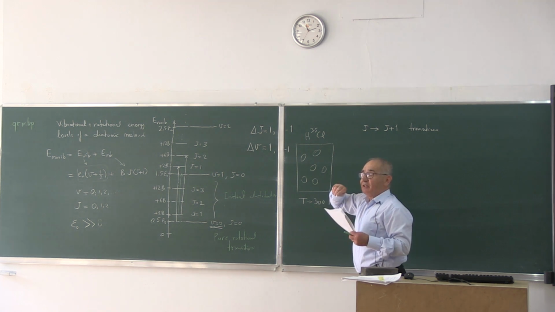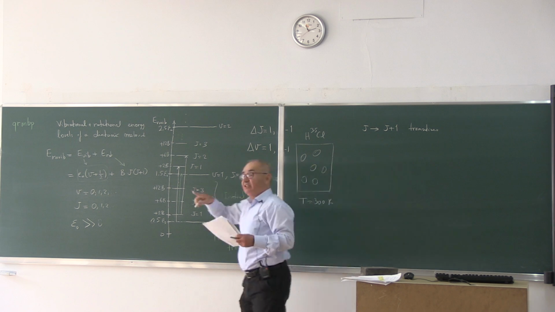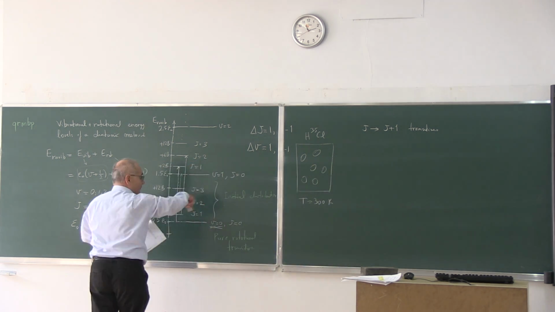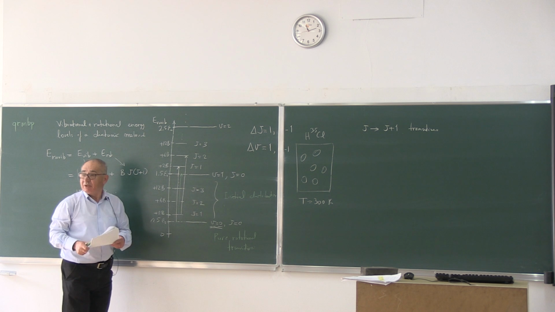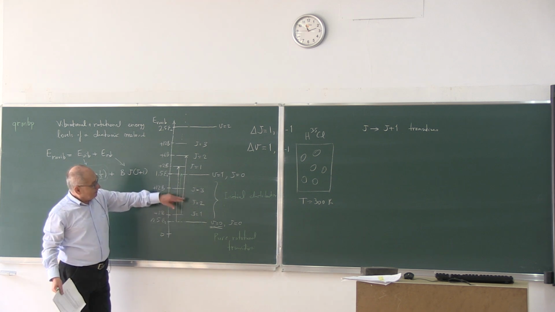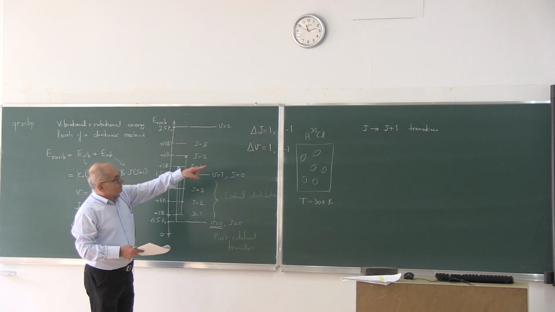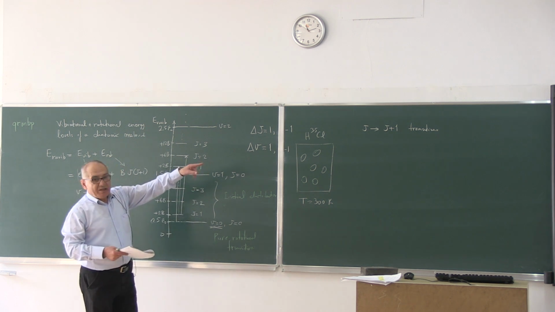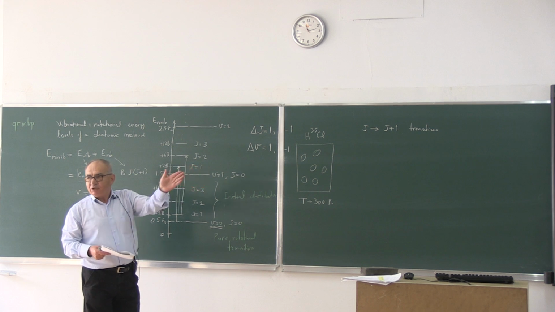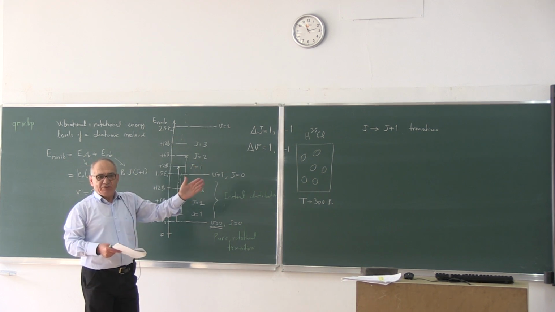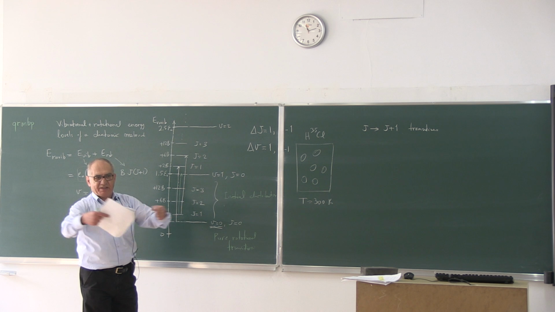The other type is J to J minus 1 transitions. J is the initial J in the ground vibration level. The symbol J refers to the initial J, one of these. I will consider separately J to J plus 1 transitions, then J to J minus 1 transitions, then combine them.